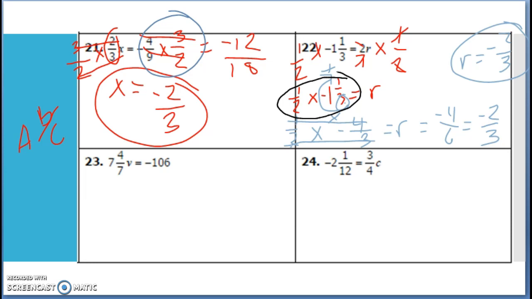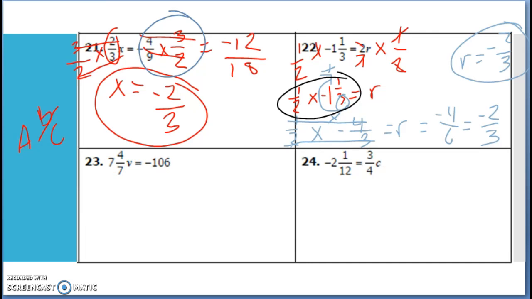Okay, 23. 7 4/7 times v equals negative 106. So we have to divide. But if I divide, I'd be dividing a fraction by a fraction. Ugly. So instead, multiply by the reciprocal.